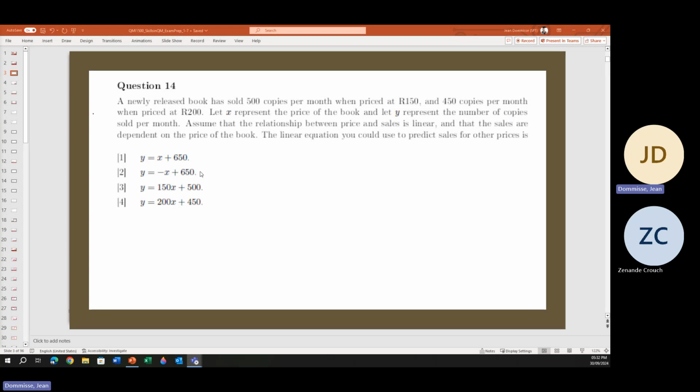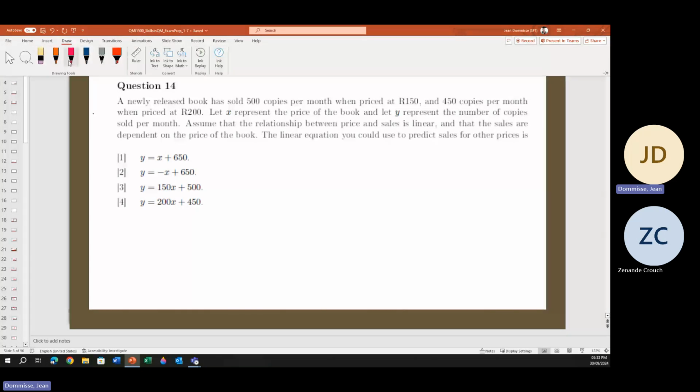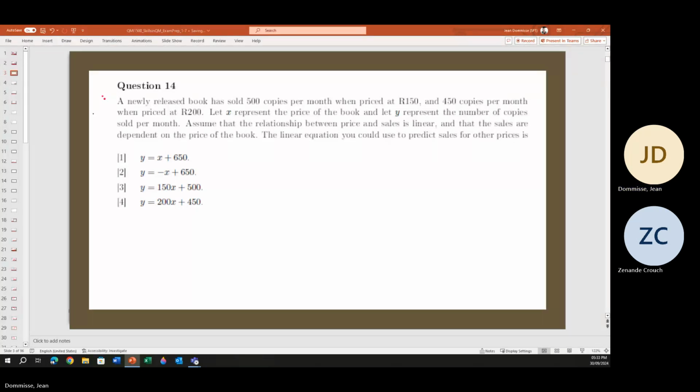Okay, so this question we look at: a newly released book has sold 500 copies when priced at 150, and 450 copies per month when priced at 200.